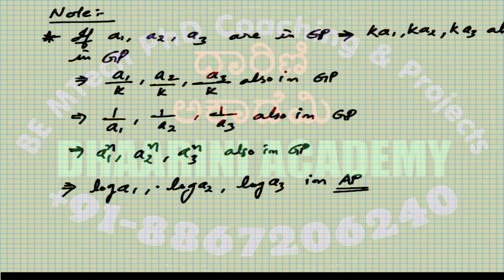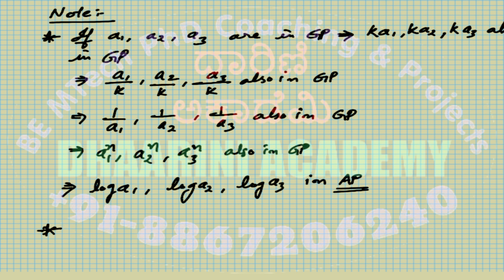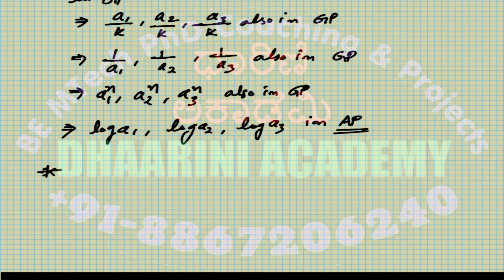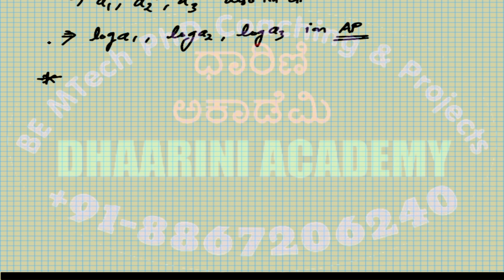Then let's move to the next point related to GPs. Let's say A1, A2, A3 are in GP and B1, B2, B3 are in another GP.